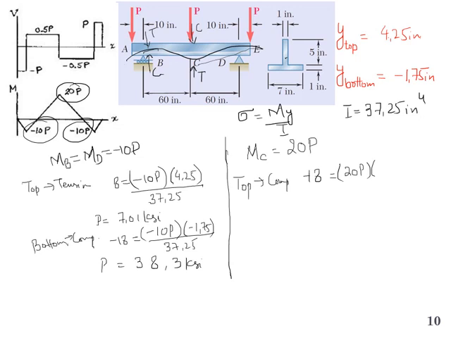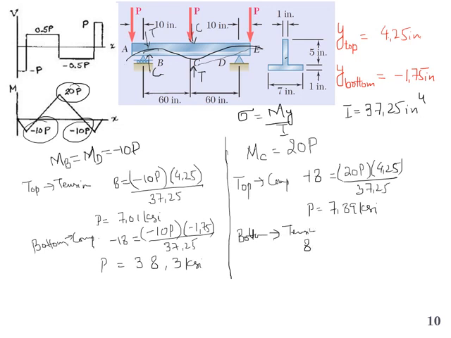Putting the value of top, 4.25 divided by I, 37.25, this leads us to a value of P equal to 7.89 KSI, and bottom will be under tension in this case.